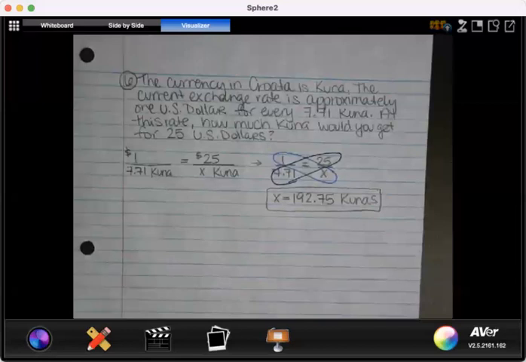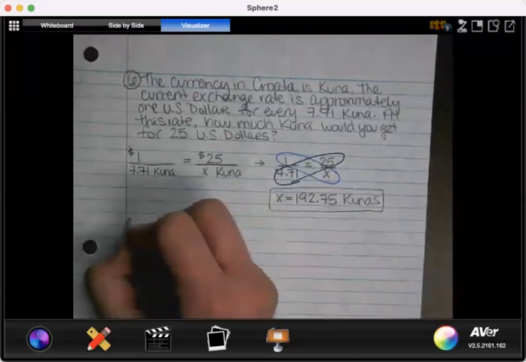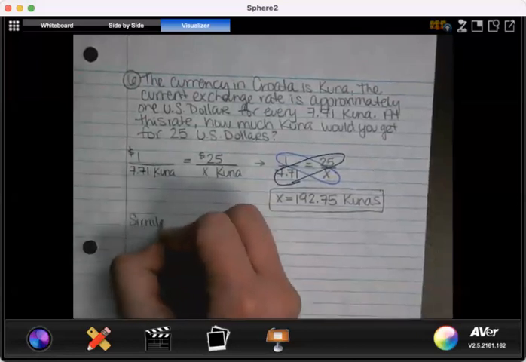Okay. As we move forward, going into the next part of the notes, we're going to talk about similar figures. Now, similar figures use proportions a lot, so that is why these two topics work together. Let's talk about what is a similar figure.